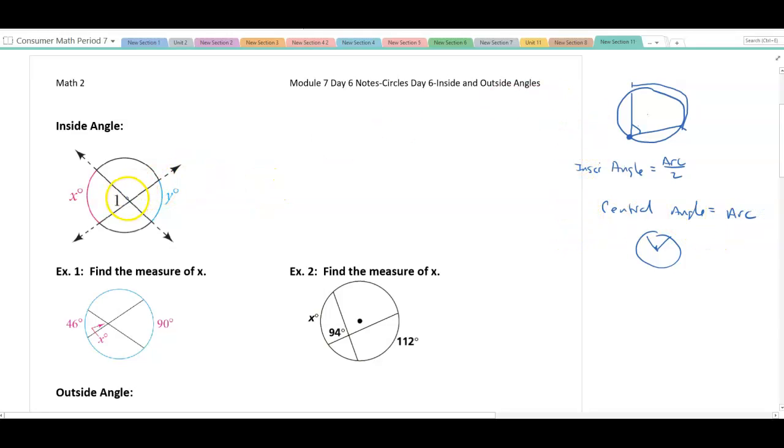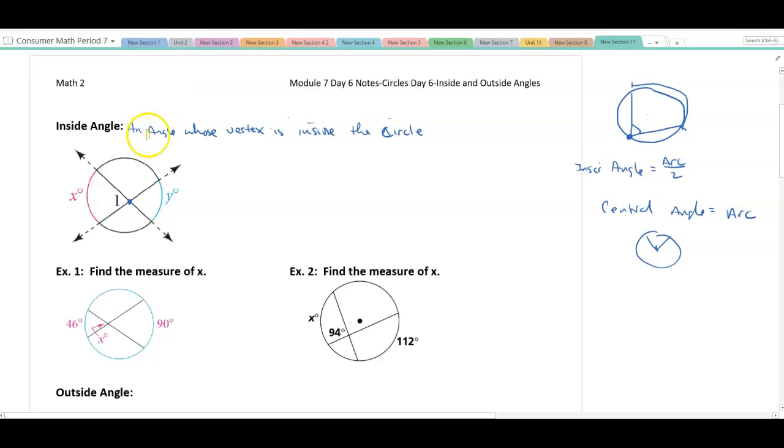Now, what happens if I look here, you could say that these two lines are secants, or you could even have chords here that intersect. But when you look at the vertex of this new angle, what you'll see is that vertex is inside the circle. It's not at the center and it's not on, it's inside. When we talk about an inside angle, it's an angle whose vertex is inside the circle.